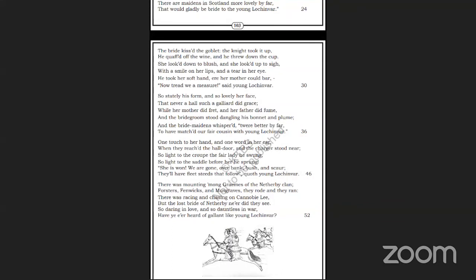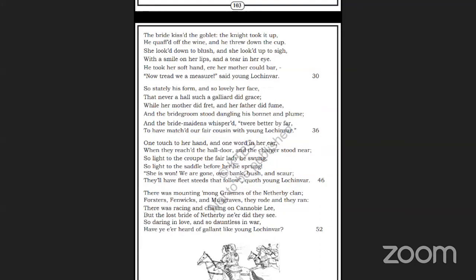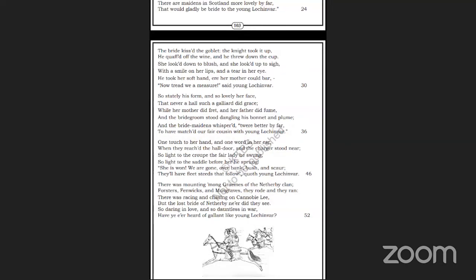Next line. And the bridegroom stood dangling his bonnet, and dangling means hanging. And the bride maidens whispered, they were better by far to have matched our fair cousin with young Lochinvar. And remember, everyone except that groom and the parents of Ellen, everyone in the hall said, this is the best pair.